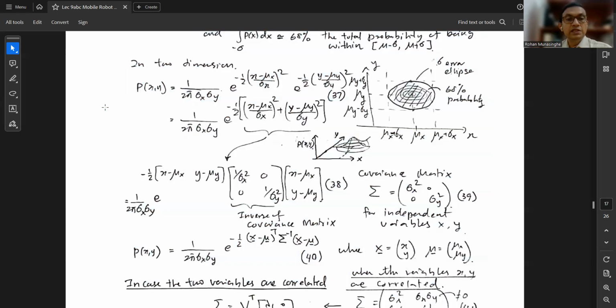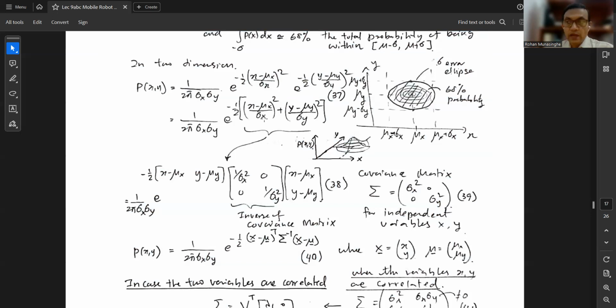So it is yet another probability distribution function. Now it is in 2 dimensions. So when you simplify it, it becomes e to the minus half, you add the 2 exponents, all right?